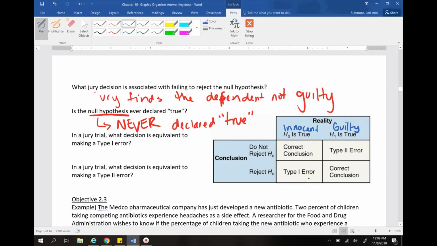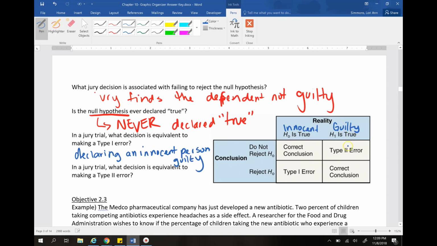So type 1 error, the null hypothesis is true, so they're innocent, but they are declared guilty. So declaring an innocent person guilty. That's type 1 error.